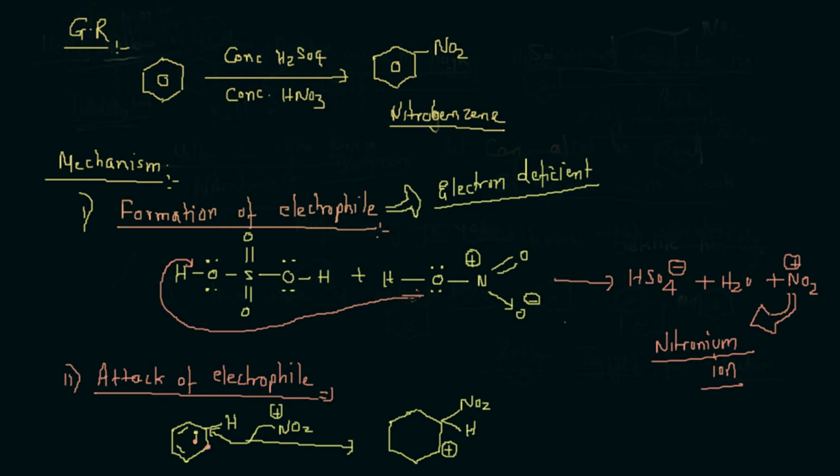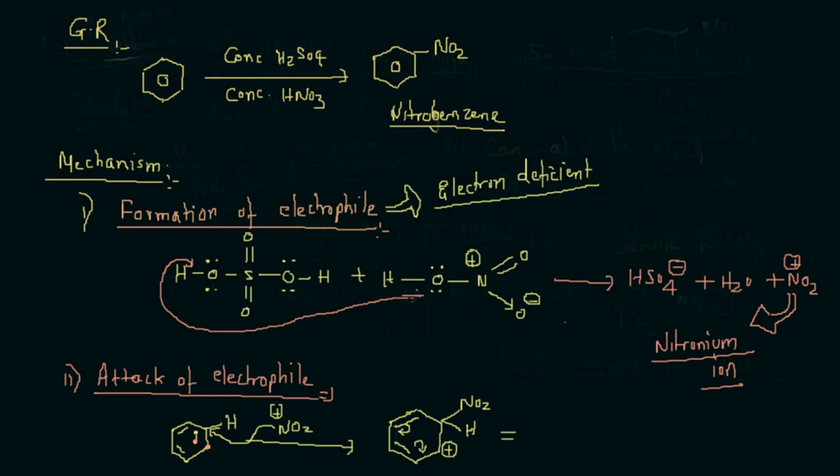That's why this particular carbon gets a positive charge. This whole positive charge is distributed in the ring completely. So this positive charge undergoes resonance, we know that.